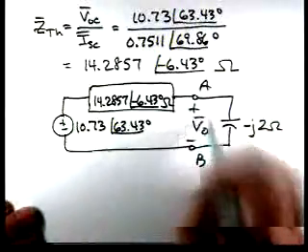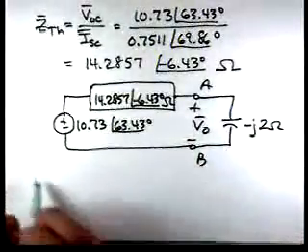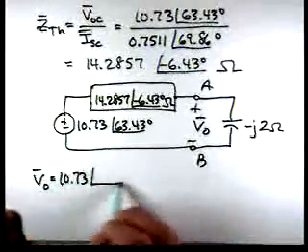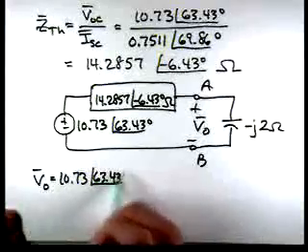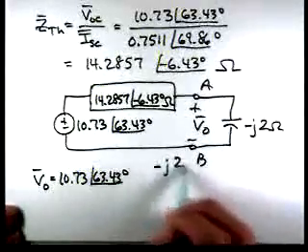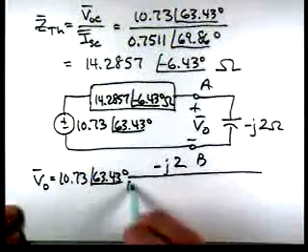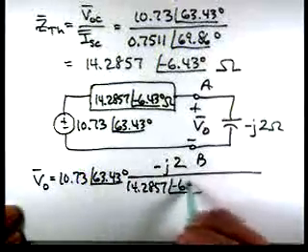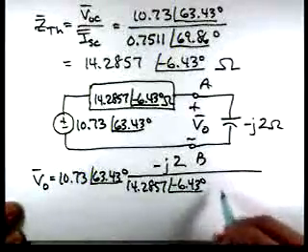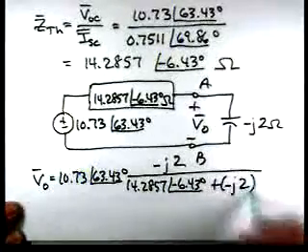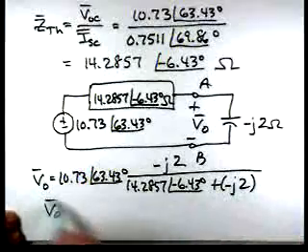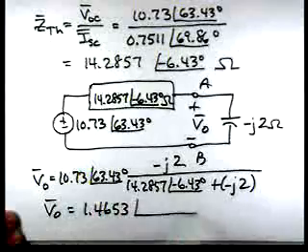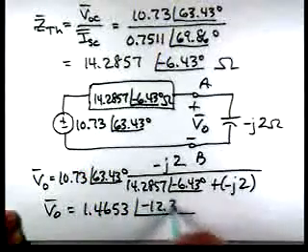We can calculate it very easily using voltage division. And V0 then becomes 1.4653 at an angle of minus 12.34 degrees.